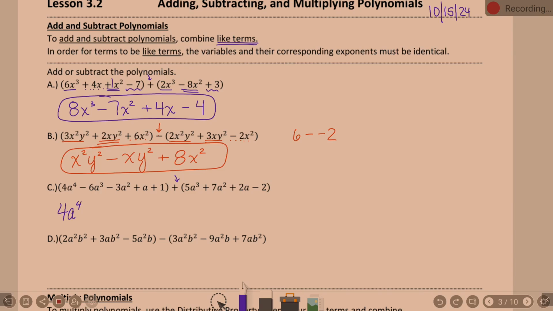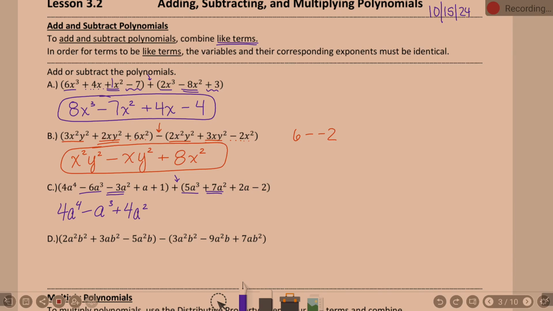Then he wants to go A cubed. What do we have in the way of A cubes? Negative 6A cubed and 5A cubed. What is negative 6A cubed plus 5A cubed? Negative A cubed. Minus A cubed. Next. Negative 3A squared, 7A squared. And negative 3A squared plus 7A squared is going to be positive 4A squared.